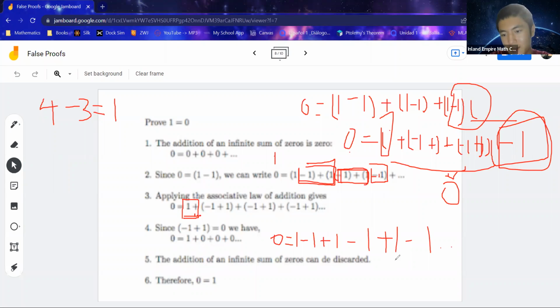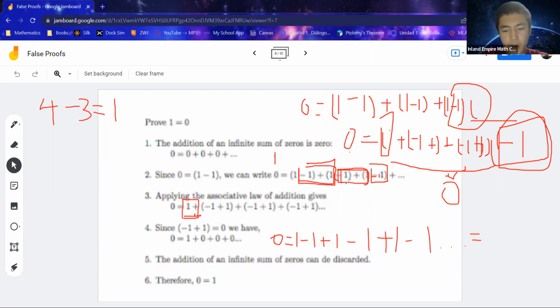It doesn't matter how you put the parentheses, right? You can put it here, you can put it here. It doesn't matter because when you add parentheses, it's still addition. It's the same, right?